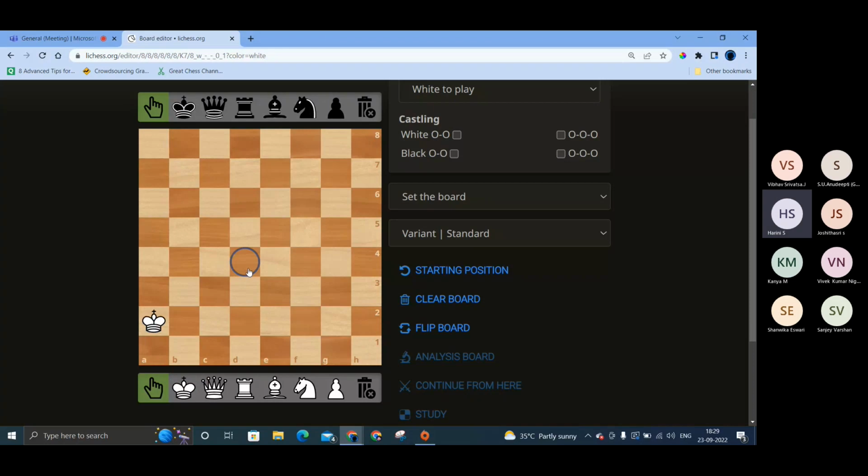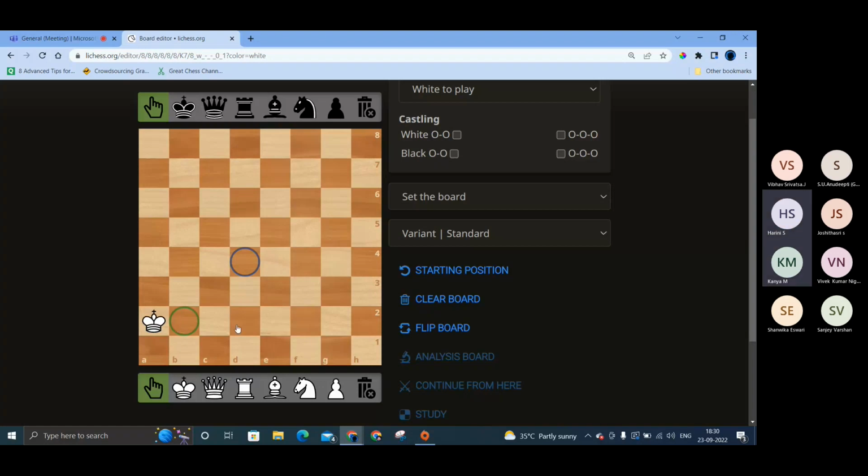Anya, I want to take this king to d4. So first move. Tell me the first move. D2. B2, then that should be b2. Then D2.